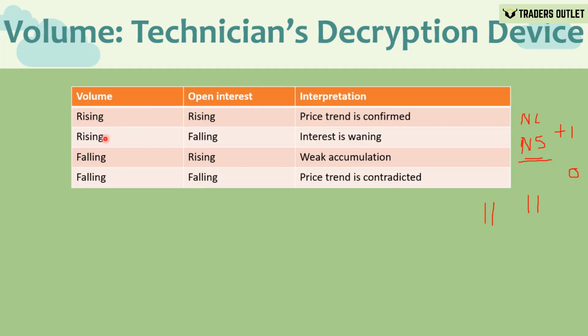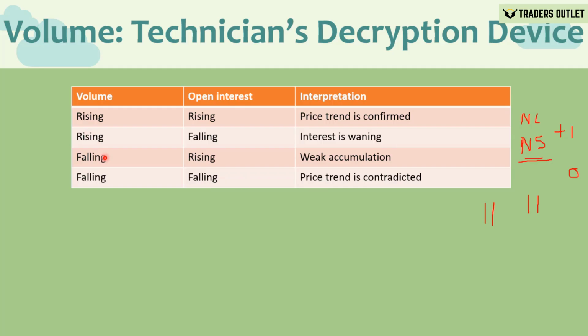On the other hand, if volume is rising but open interest is falling, that means only the existing contracts are being traded between buyers and sellers, but no new positions, or fewer new positions, are being opened. That means interest in the market is waning. The trend, either uptrend or downtrend, is running out of steam.